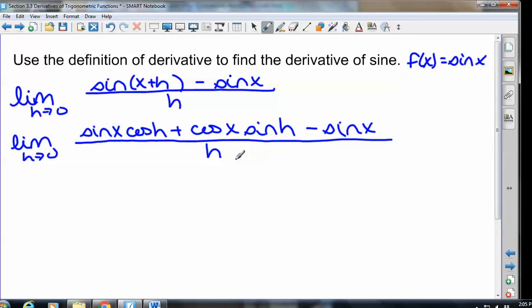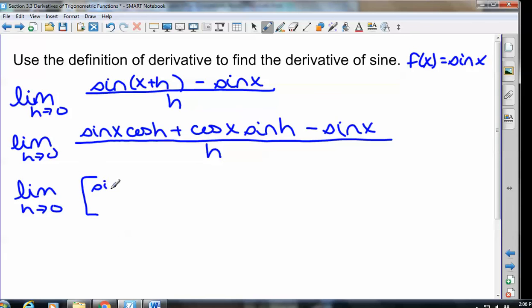This is kind of messy, isn't it? The problem is, I can't plug in 0 yet because this h is on the denominator. Right? Let's say, I kind of separated some things. If you have pieces added, you could regroup them and do their limits individually.